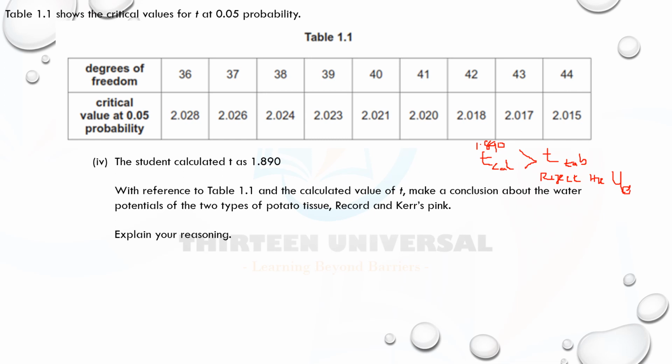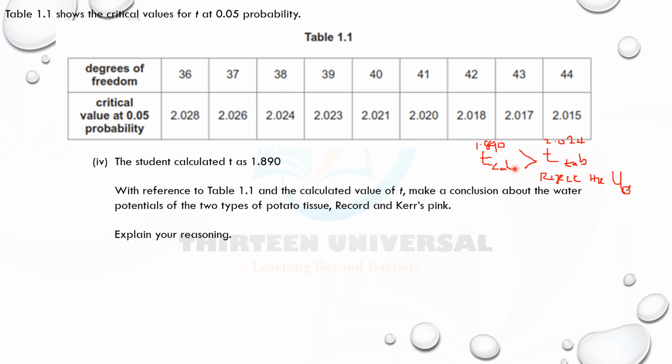The other one is 1.890. Of course, you can see that the calculated t-test is not greater than the tabulated t-test at critical probability of 0.05. 1.890 is not greater than 2.024. So if this doesn't work, that means you should accept the null hypothesis.